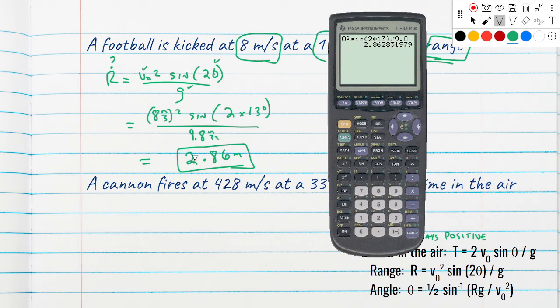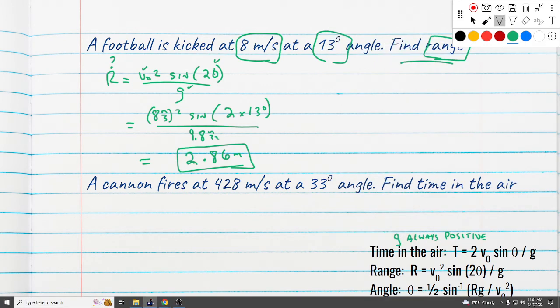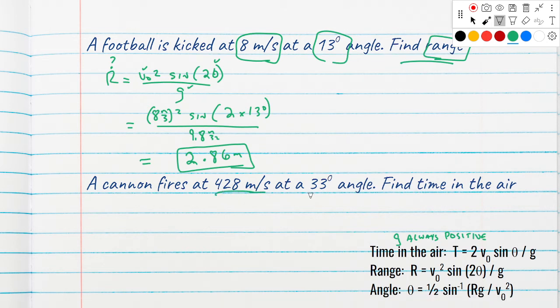In this other problem, though, we've got a cannon. And check it out. It's going 428 meters per second, much faster. We're firing at a higher angle. So this thing is going to go way up in the sky and go way back down. It's going to go a super long way because it's a cannonball instead of just some little football. And it's going to spend more time in the air. That's what we're looking for. Got a formula for time right here.